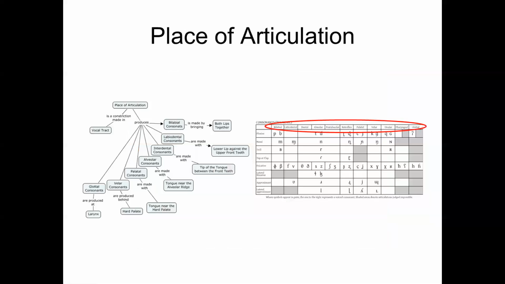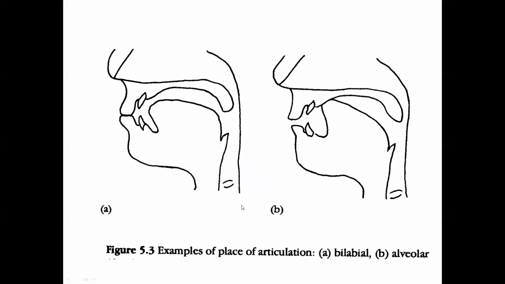All right, otherwise we're going to go through each one, and it's fairly straightforward. Or you can follow along with this diagram if that helps you. If we're saying something is produced with both lips, all these columns here at the top of the IPA are connected to place of articulation. We call it bilabial. It's as simple as putting both lips together. And I believe I even have a picture there.